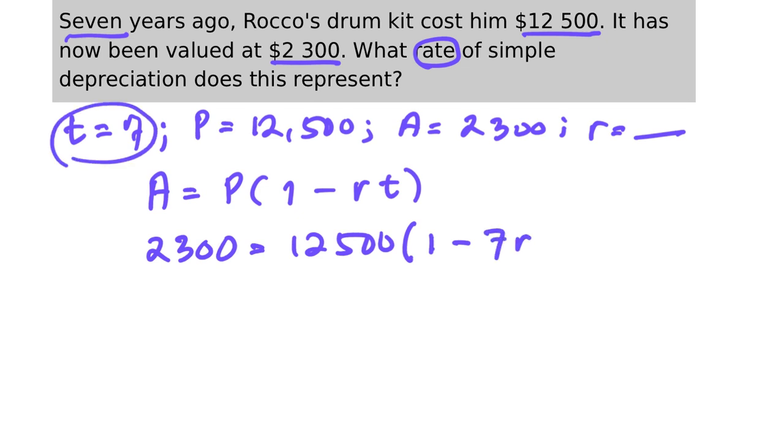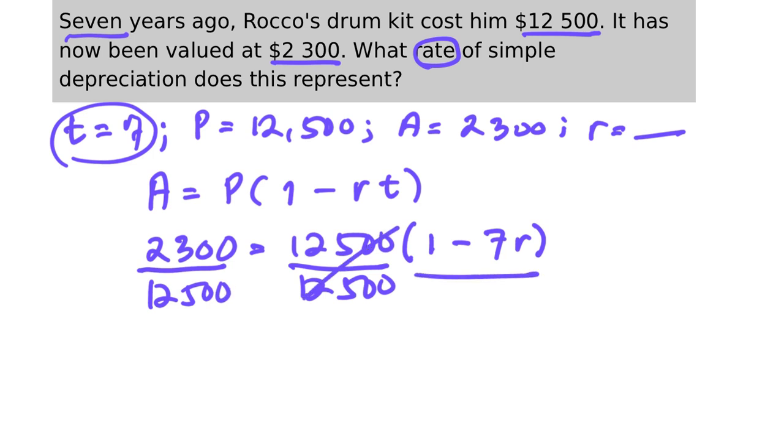So 7 times R. Okay, we divide both by 12.5 to isolate. So on this side, you are left with only 1 minus 7R. And if we divide this, this is going to give you around 0.184.